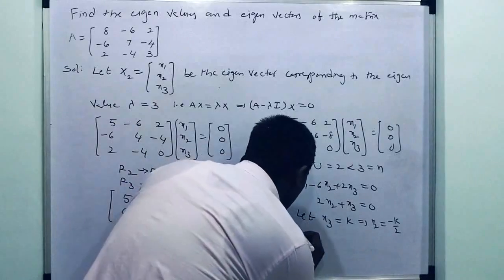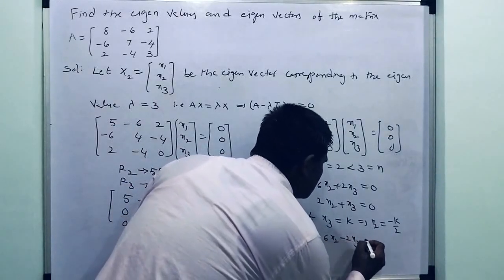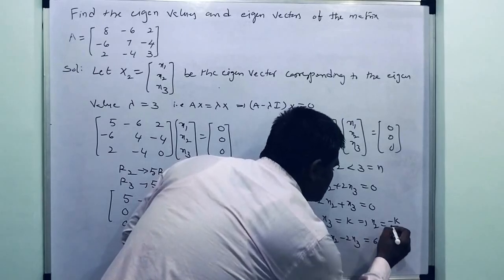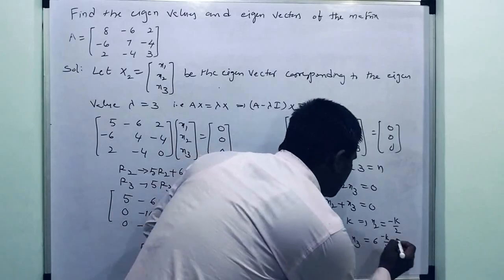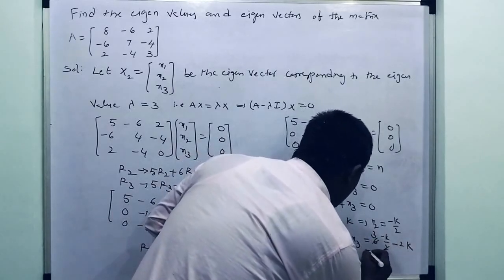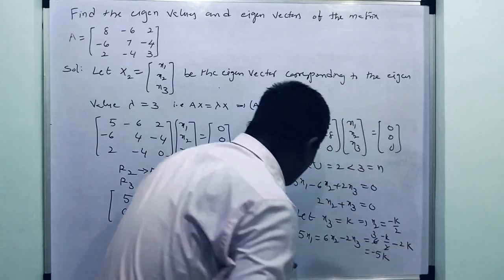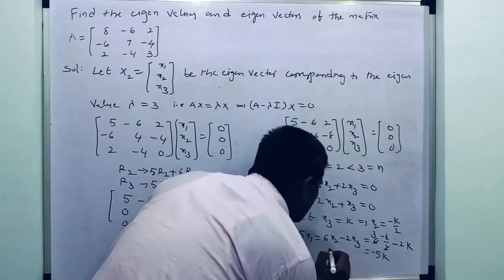Then this becomes 5x1 is equal to 6x2 minus 2x3, which is 6 into x2, minus k by 2, minus 2 into x3, 2k, which is minus 3k minus 2k, minus 5k. But you need x1, therefore x1 becomes minus k.